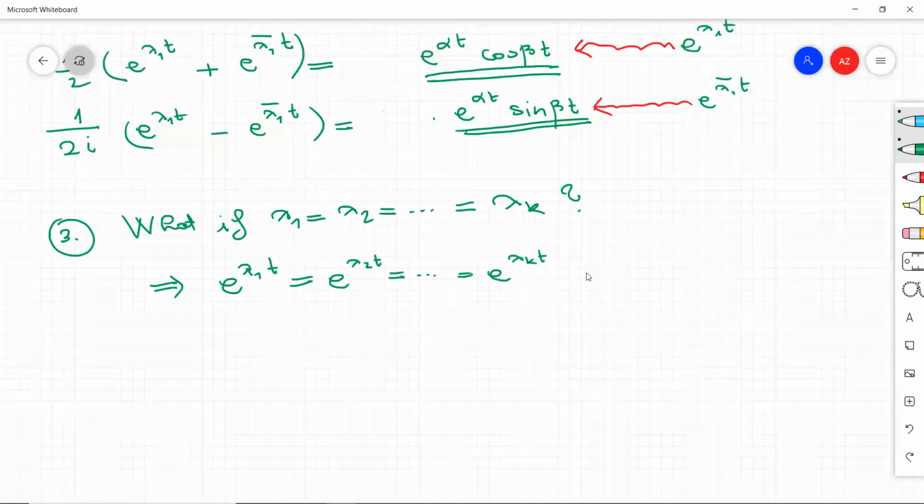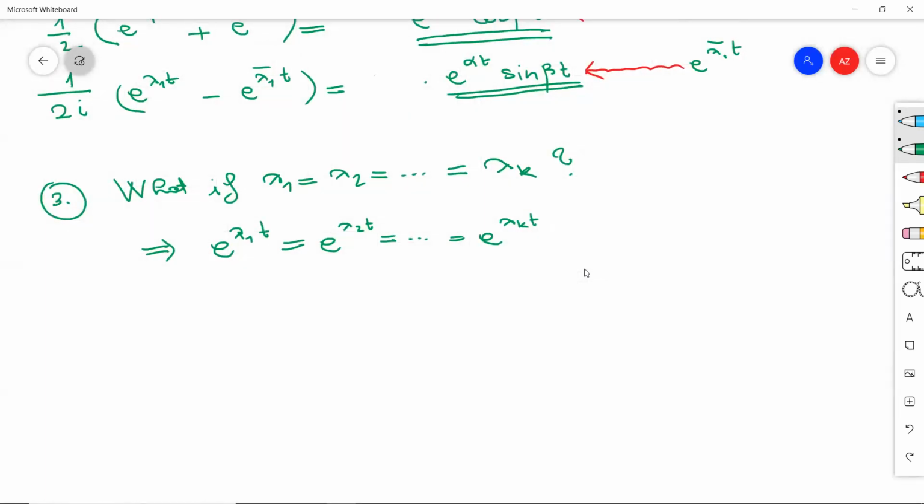However, in this case, it turns out that the first one remains, e to lambda 1 t remains. But instead of e to lambda 2 t, we have to put t times e to lambda 2 t. And then instead of the kth one, we put t to the k minus 1 times e to lambda k t. And then we really have k different functions.